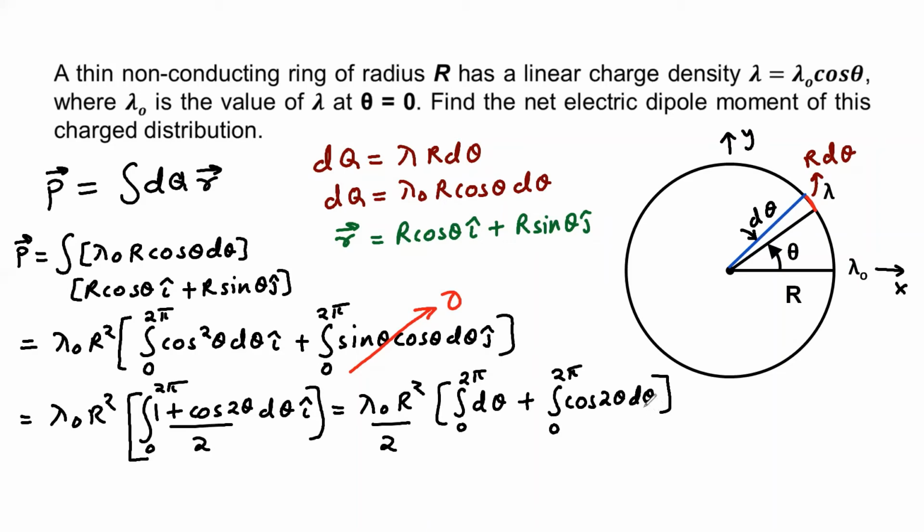Now, just like before, this turns out to be 0. And the value of this is going to be simply 2 pi. Just plug in the value and the dipole moment P is lambda naught pi r square, and the direction is going to be i cap. That is your answer.